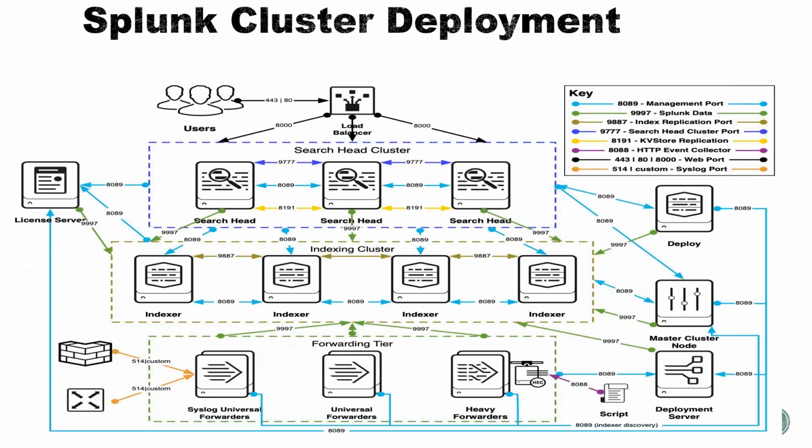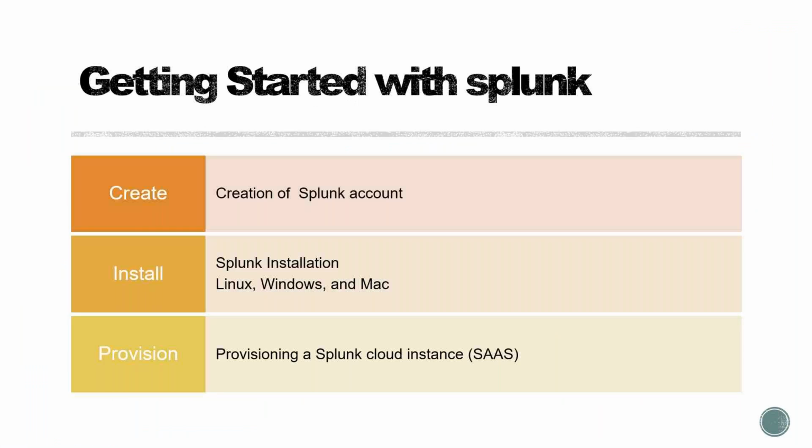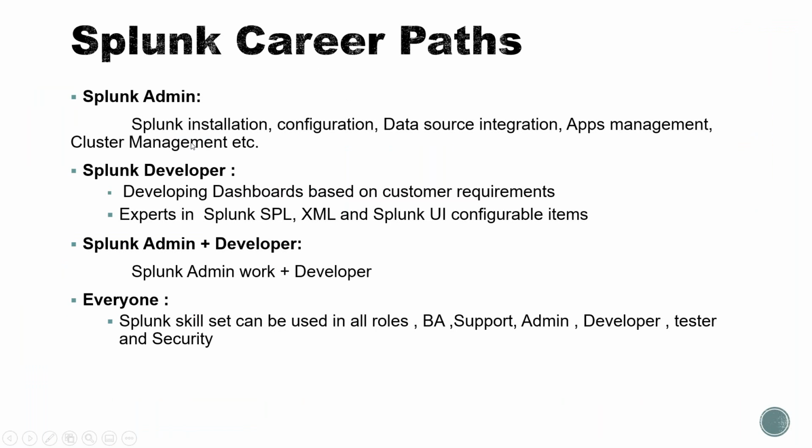So the admin's job is to install, configure, do data integration, app management, and cluster management. For our lab purposes only, I'm having about 9 machines. When you go to an enterprise, in real time you will have much more.